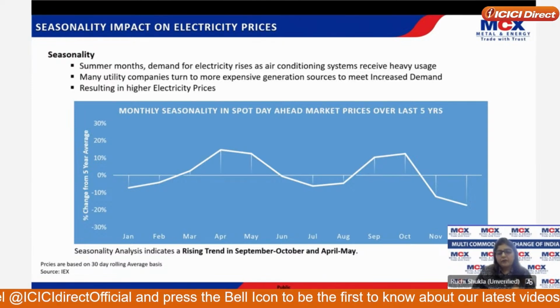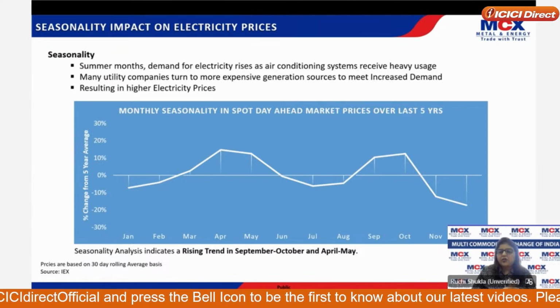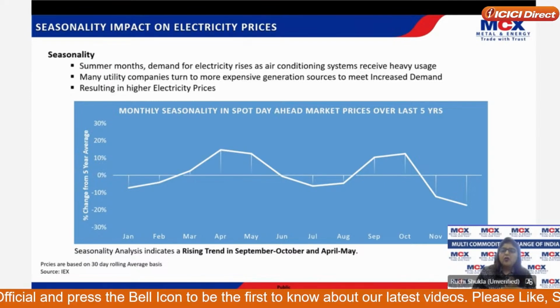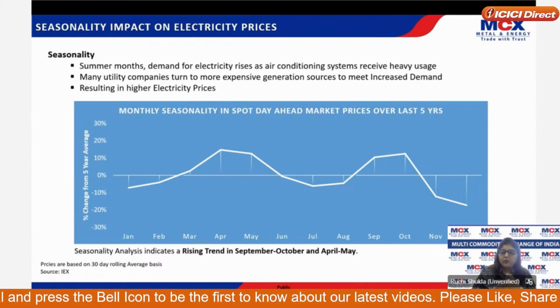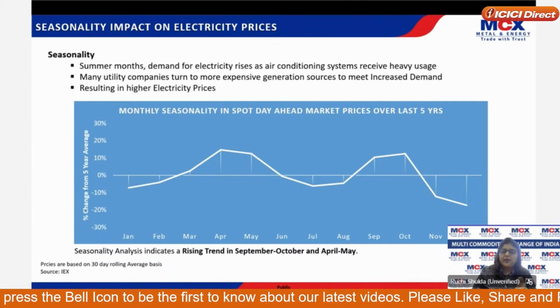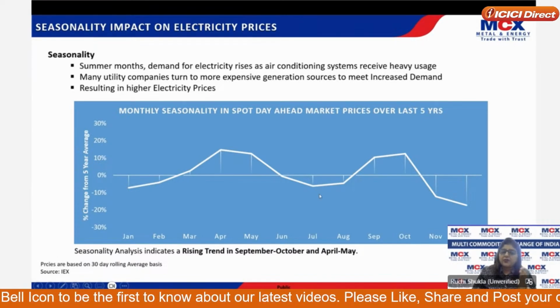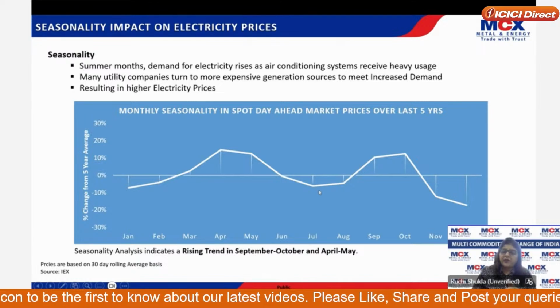Then as we move to June, July, we are transitioning towards the monsoon season. As we transition, the temperatures fall overall, plus we also have more hydro energy available. So the demand is low, supply is high, and the monsoon season generally sees a tapering down of the prices.